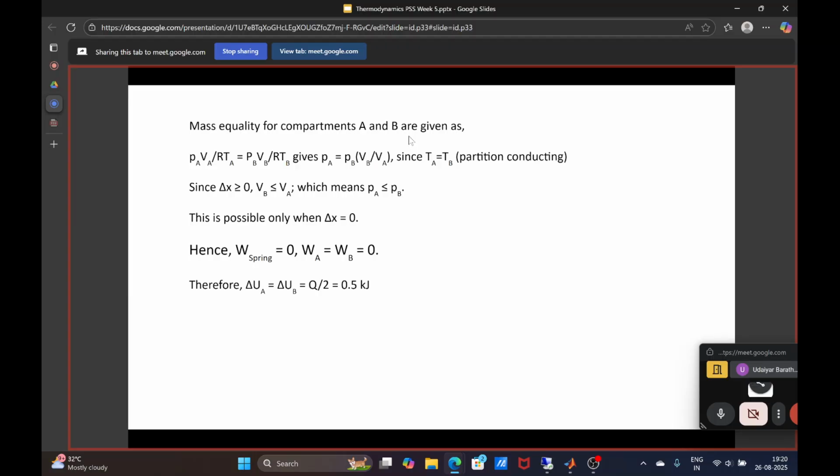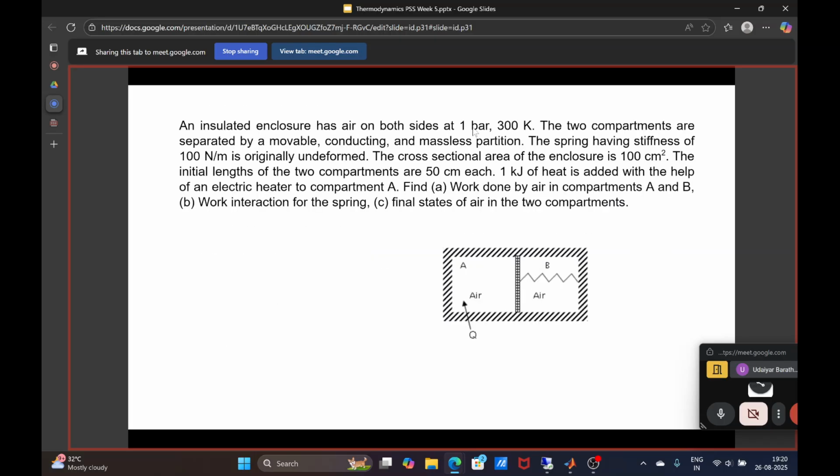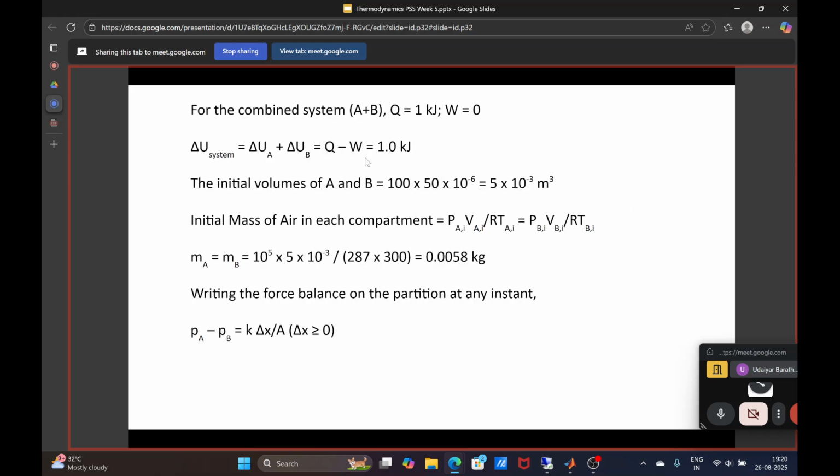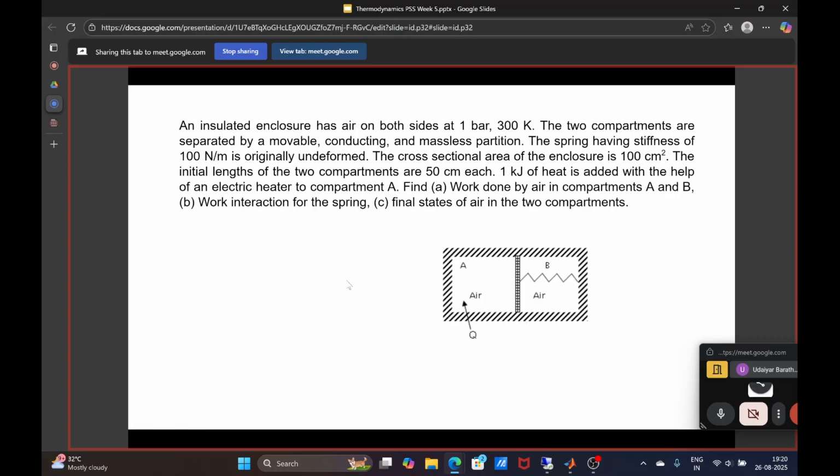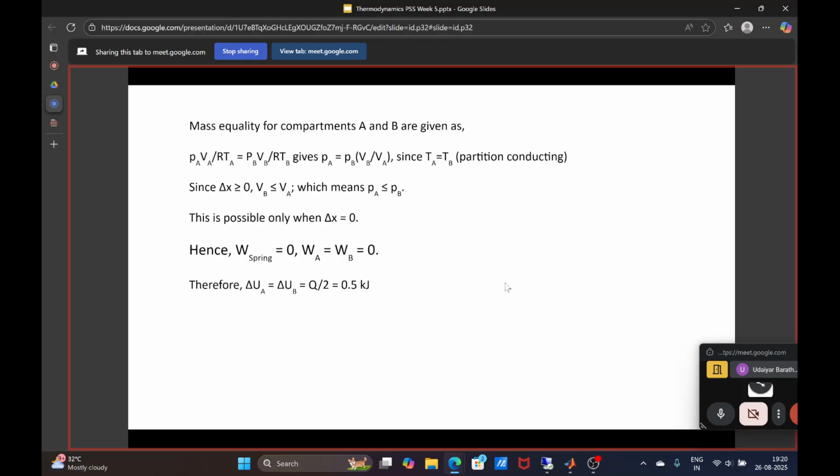In the first case, where the temperatures were the same and both occupied equal volumes, VB and VA are the same, so PA and PB are equal. That's what we saw: both compartments at 1 bar and the spring force 0. So PA minus PB is 0 and delta X is 0, which means the spring is undeformed. That's what the initial conditions say, and we see it from this expression as well.